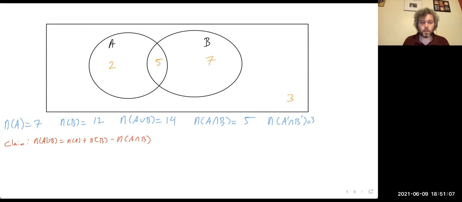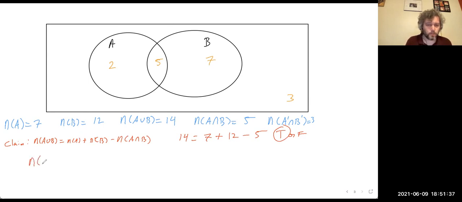So if I fill this in, that would be 14, assuming I did my arithmetic correctly. 7 plus 12 minus 5. Is that true or false? I get 14. So it seems to be true. It's supposed to be true for all sets, so I'm happy to see that it is true.